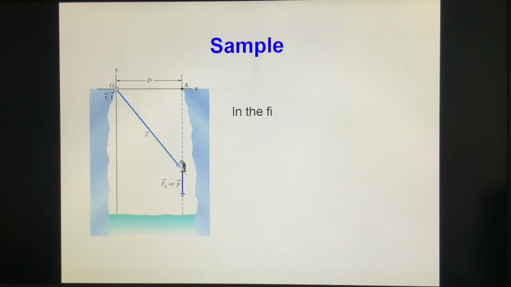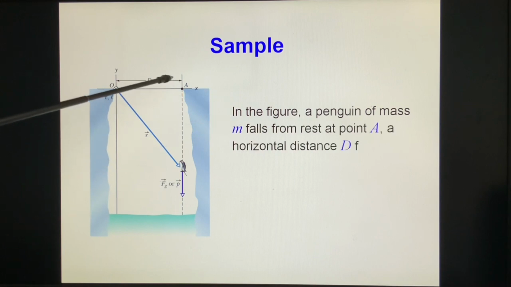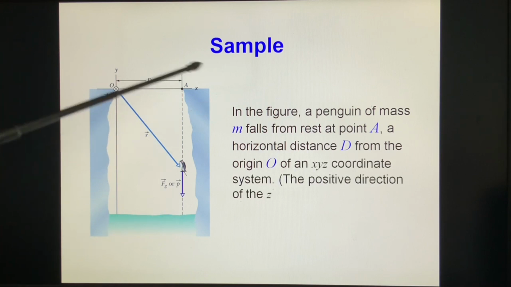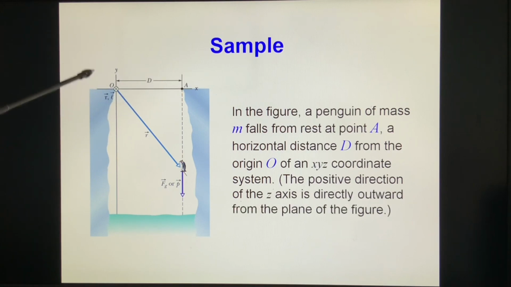Example. In the figure, a penguin of mass m falls from rest at point A. This A is horizontal distance d from the origin O, in an XYZ coordinate system.